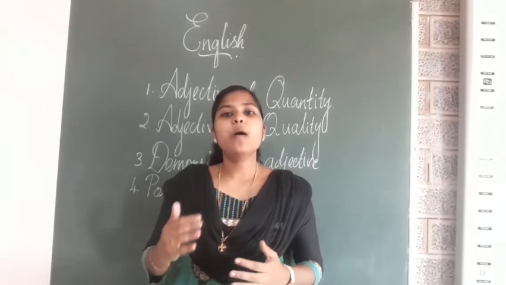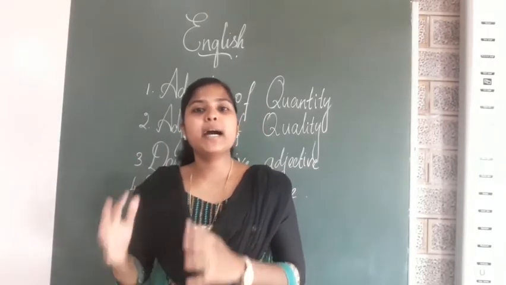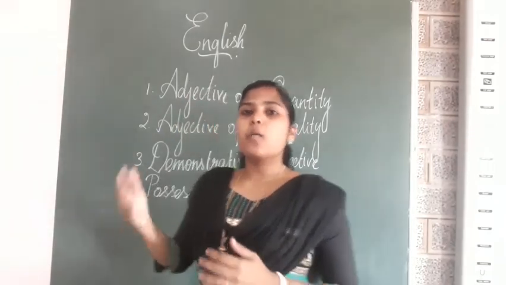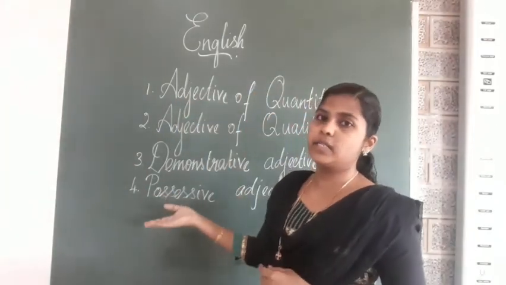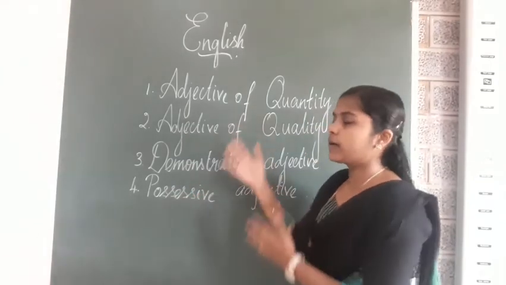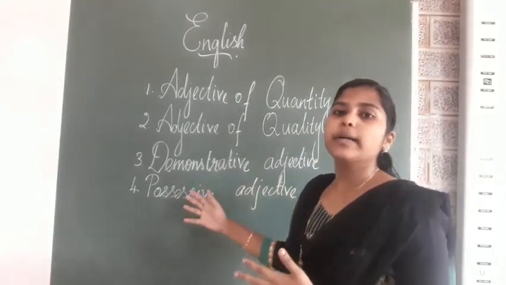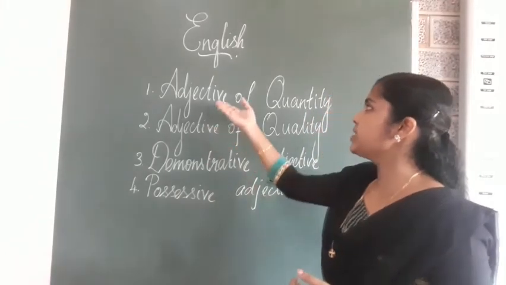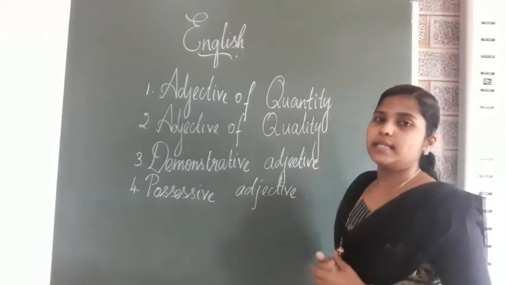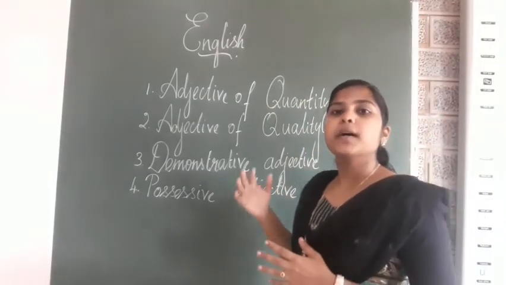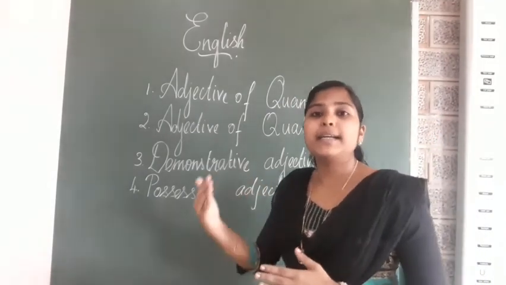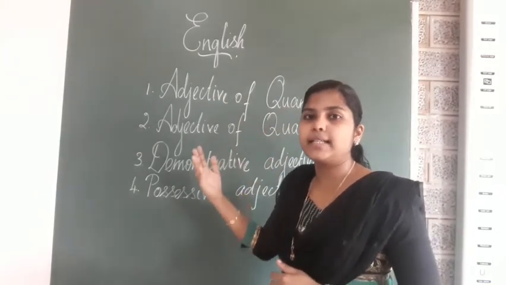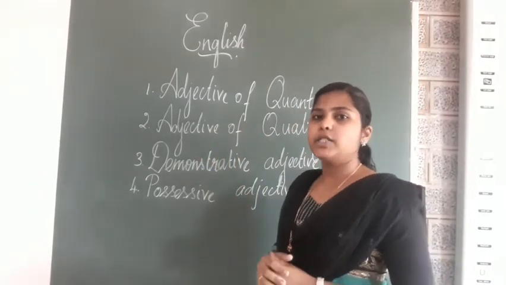Now let's see what are the types, what are the kinds of adjectives. In this class, we are going to discuss only 4 kinds of adjectives. First is adjective of quantity, or quantitative adjective.